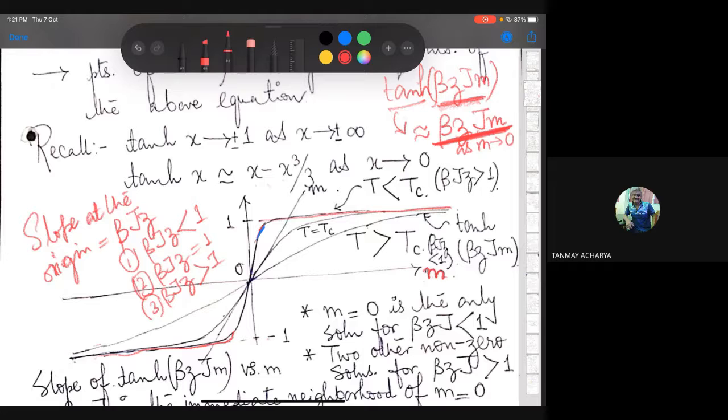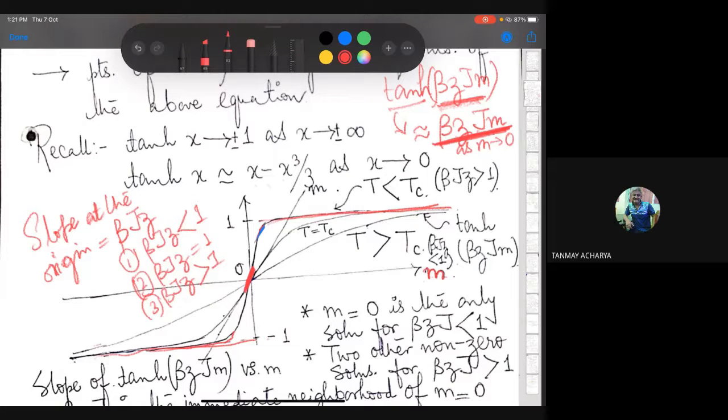You cannot have a divergence. Why not? Because if the curve is diverging at the origin, then it cannot saturate to finite values as m goes to plus minus infinity, right?